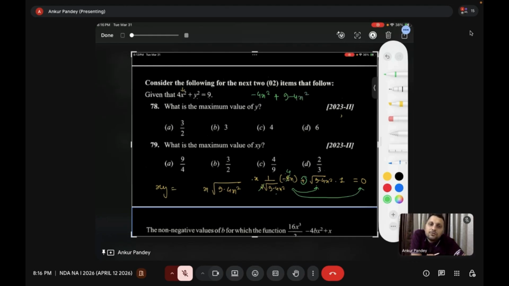Yes or no? This has to be equal to 0. Implies that 9 equal to 8x square or x should be equal to 3 by 2 root 2. Yes or no? Plus minus. Right?